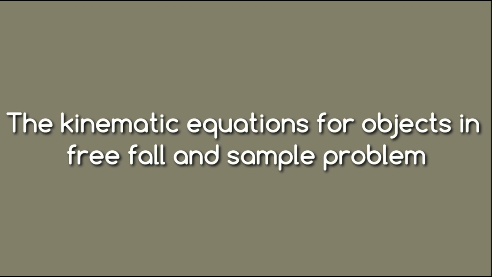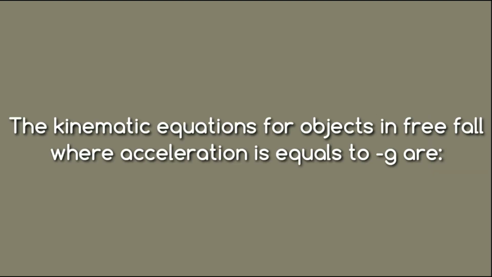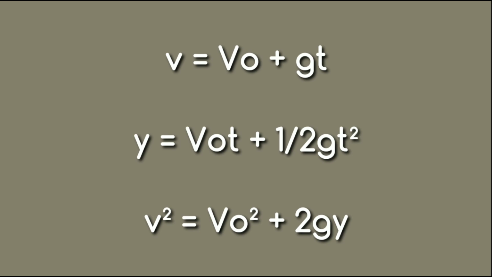Now that we have an idea of how free falling works, let's discuss its formulas and answer one practice problem for better understanding. The kinematic equations for objects in free fall where acceleration is equal to negative gravity are: first, final velocity is equal to initial velocity plus gravity times time.